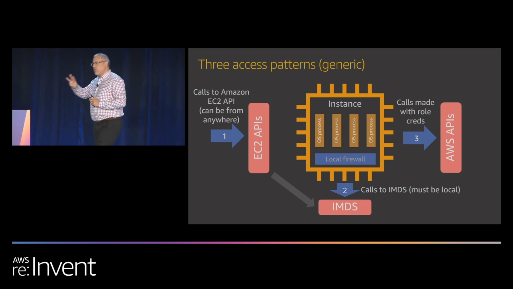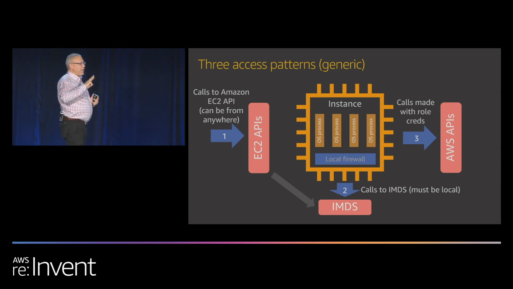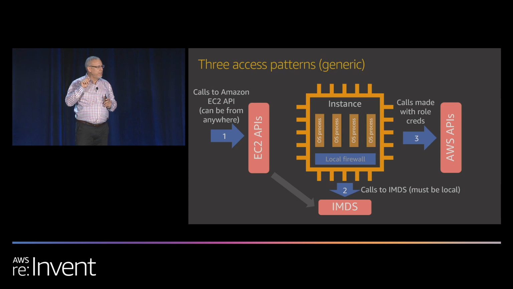But there are three very different access patterns that we'll be effectively doing here. Number one, we'll sometimes be calling the EC2 API. We'll be doing that to launch instances, to modify instance metadata, which is a new API, or something along those lines.